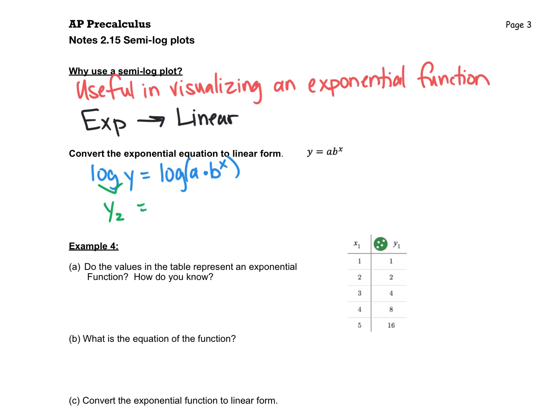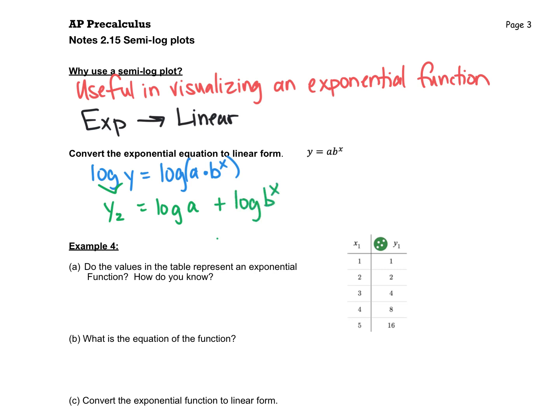To do so, using our properties, what could I do to separate that a little bit since it's multiplication? I could do the log of a plus the log of b to the x.